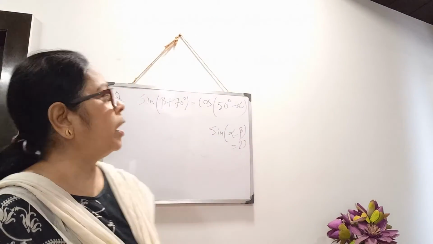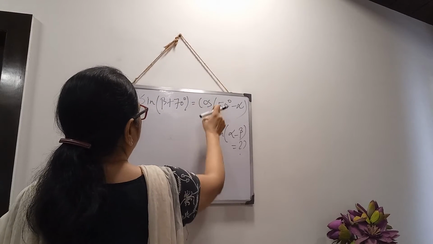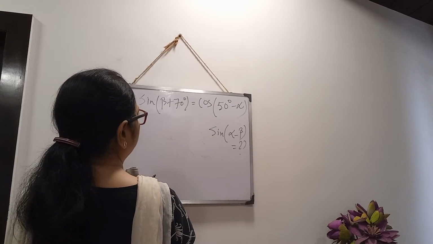Clear? Now see, when sine equals cos is given, that means they are complementary angles.